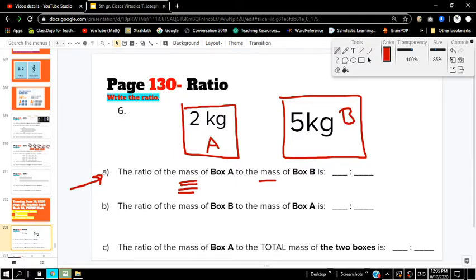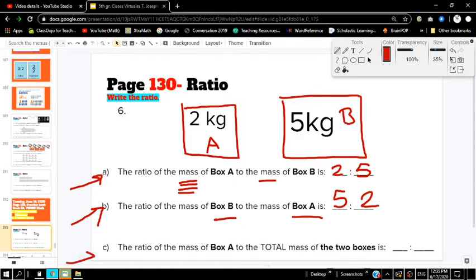Well, it's pretty simple. We can just take our 2 and our 5 and put that into our ratio, right? 2 to 5. Now, letter B, just like the other ones, is the opposite. Letter B comes first, so that's 5, and letter A comes next, which is 2.